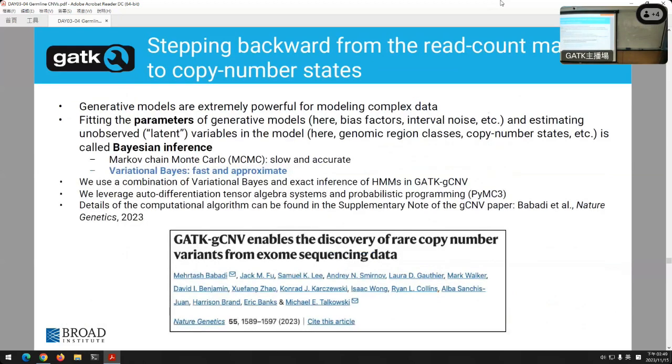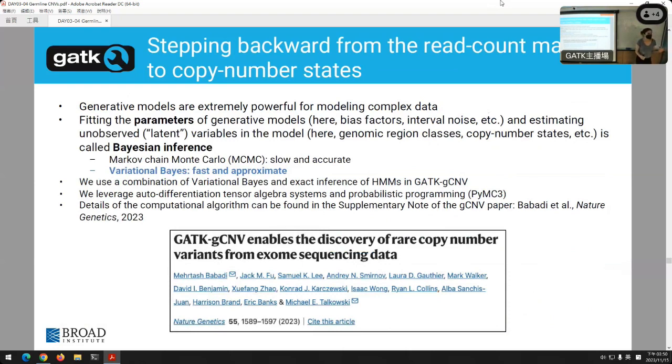Okay, almost done with the math. So now we have used this generative framework to describe the relationship between our underlying parameters, so genomic interval class, copy number state, all of these latent bias factors, and our observed data, which is that read count matrix.